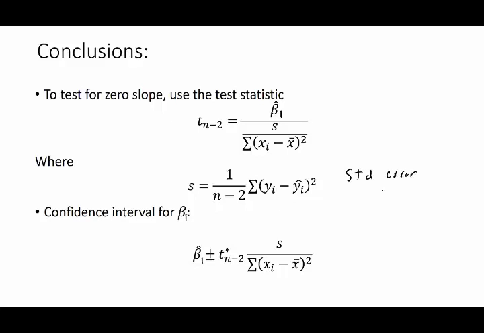Based on that same reasoning and the same t distribution, we can form confidence intervals for beta 1 as our point estimate plus or minus the t critical value, chosen based on the confidence level, times this quantity, which you can think of as the standard error of beta 1 hat. It's the estimate of beta 1 hat's standard deviation. So let's see how that turns out.